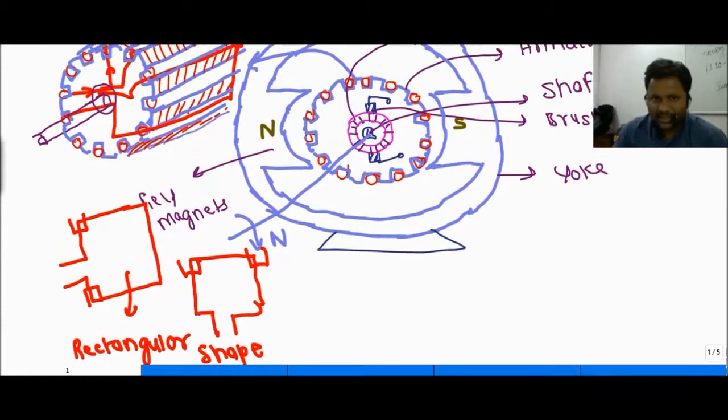Now this part is completed. This is the field winding. Now this is the commutator and brushes. We will discuss it after some time. So let us take a magnet like this.